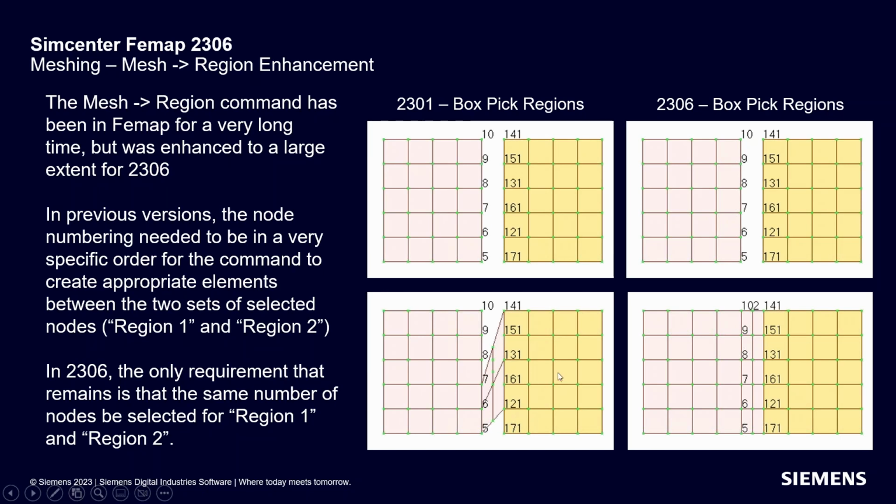So this is actually a really big deal because you do not have to renumber to get a good matching mesh across the interface. It is important to note that you do need the same number of elements, so it can't handle a mismatch, but at least you don't have to renumber, which is really nice.